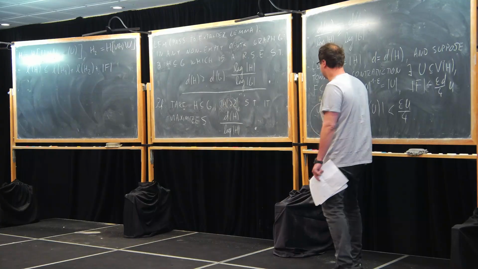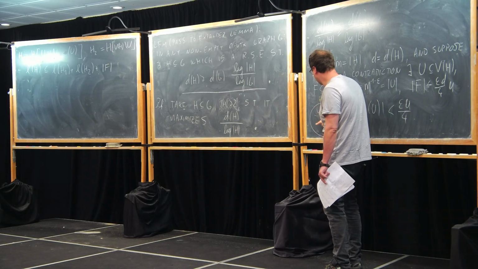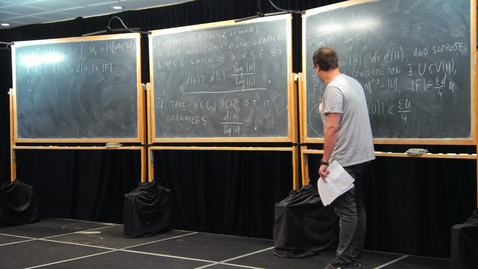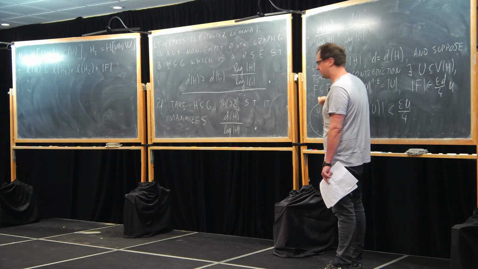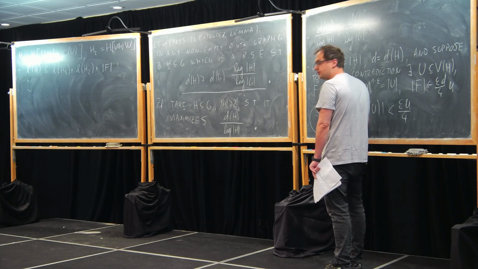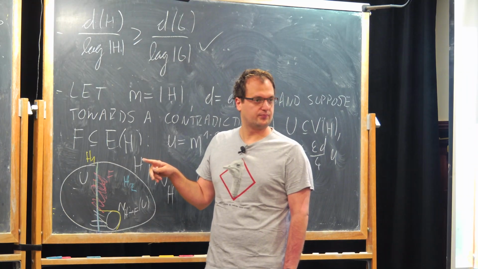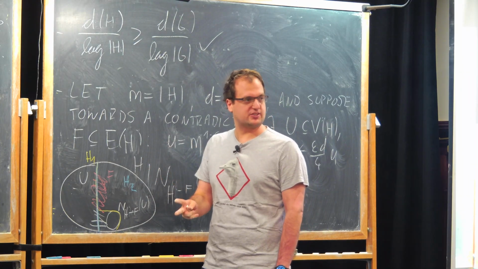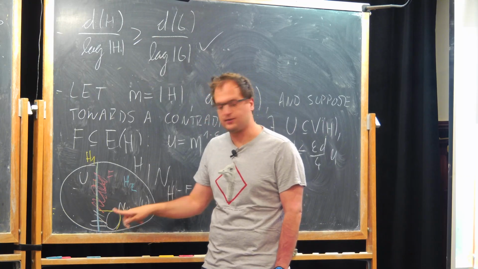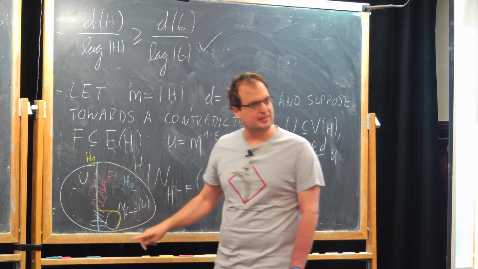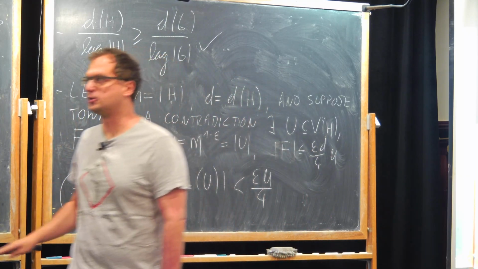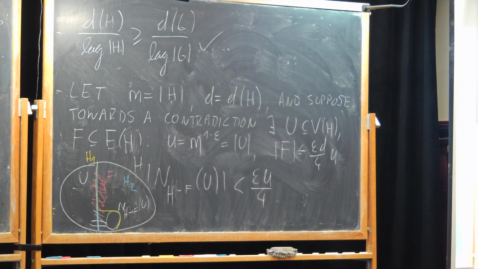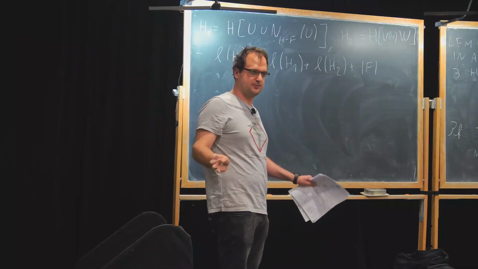If you think about this picture, once you delete F, the only edges that can exist are either within this H1 graph or within the H2 graph, where we're counting some edges twice, the ones that live inside of this small blob here. But it's tiny, so it doesn't really contribute much, and I'd never seen that being usefully used. But if you add those edges, you get equality here.